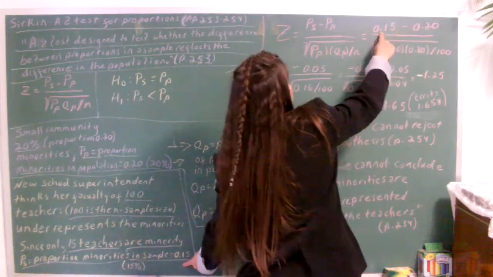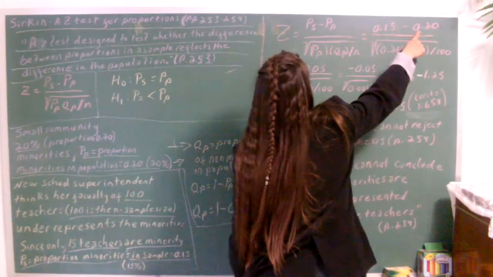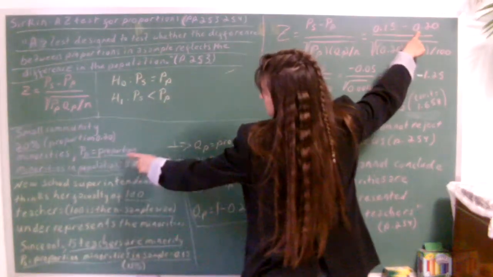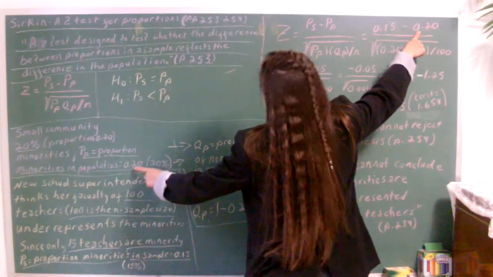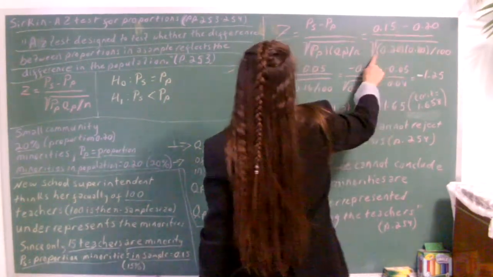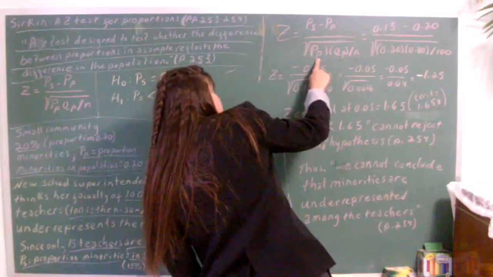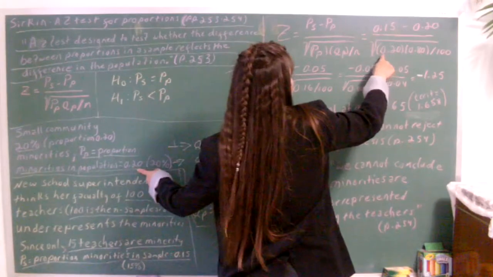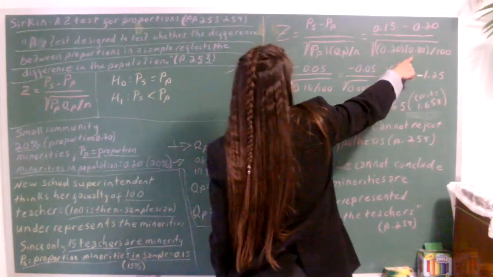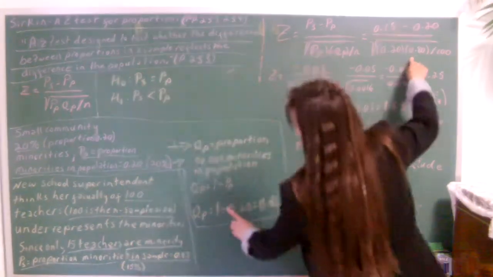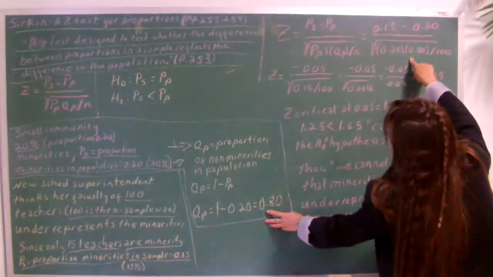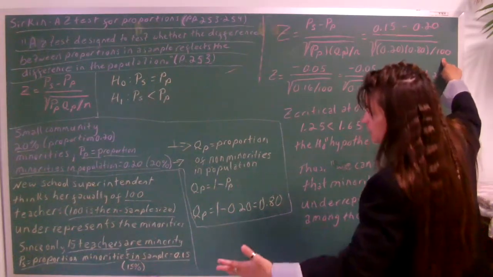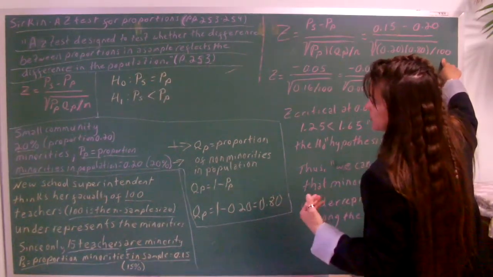Subtract from that our p subscript p, the proportion of minorities in the population, which is 0.20. All of that is divided by the square root of 0.20, the proportion of minorities, multiplied by the non-minorities, which is 0.80, and then divided by n, our sample size.